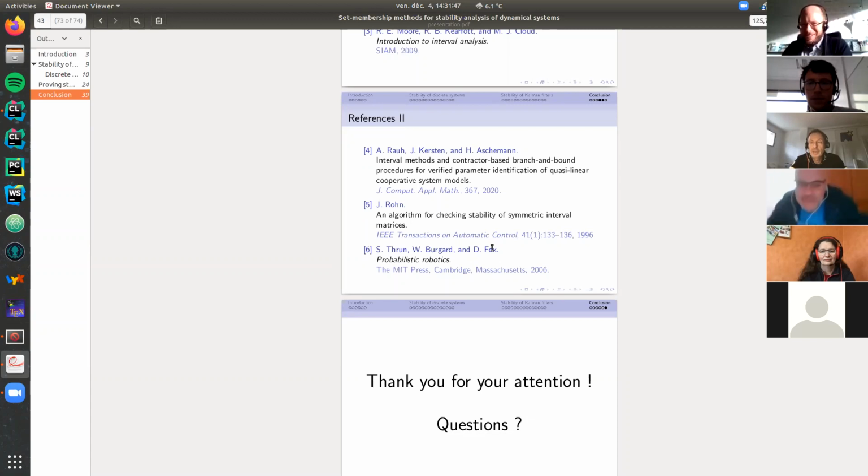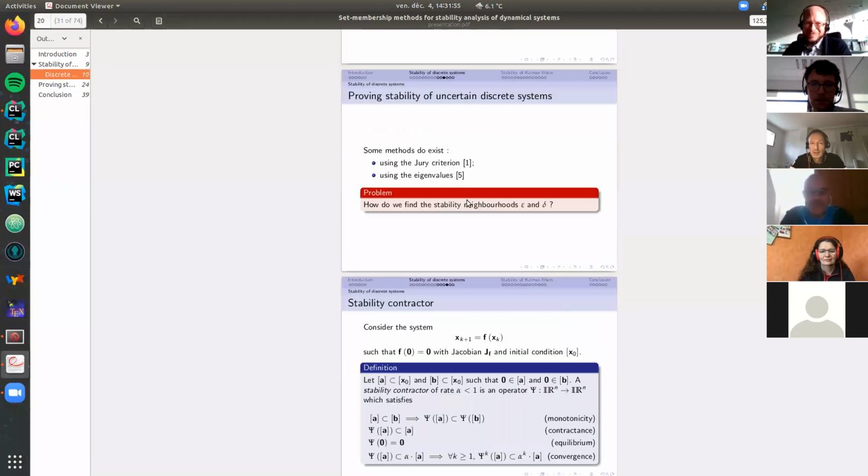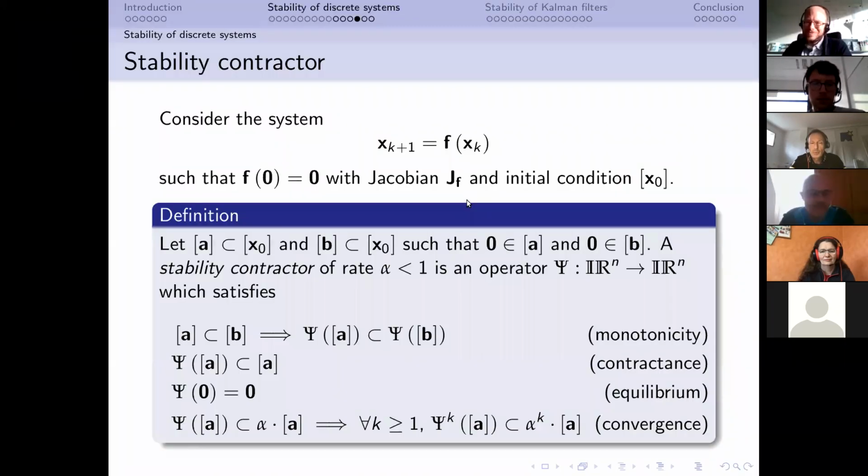It's a question back on your contractor, the stability contractor you presented. What is the purpose of this contractor? Is it to prove that the dynamic is a contracting one, so that the centered form, because you use the centered form, if I understand well, contracts boxes?